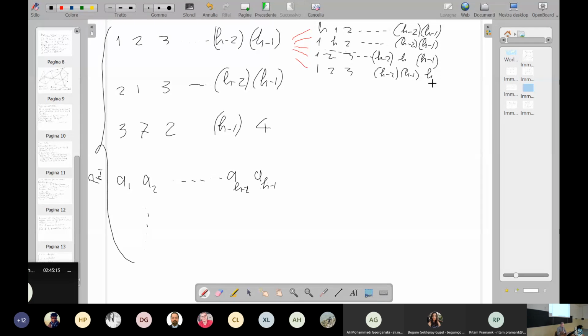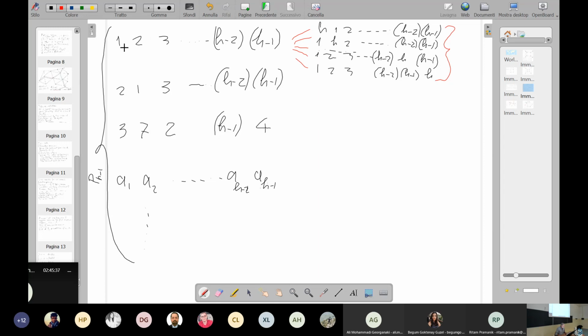How many are there of these? h. Exactly, because of course here, these are h minus 1. Think of them as trees. I have h minus 1 trees.